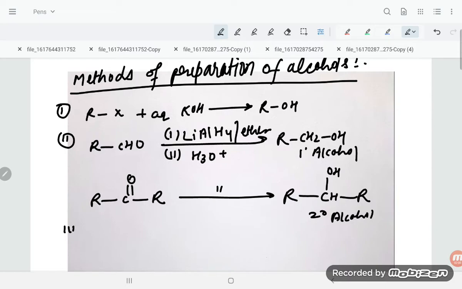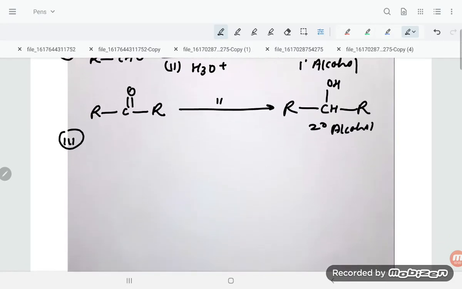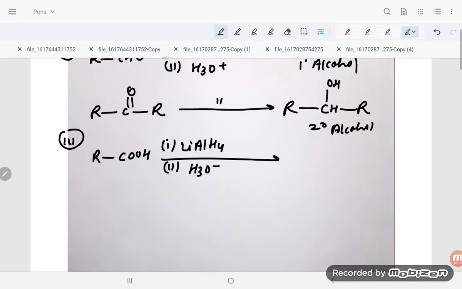Now let us move to the third method of preparation. If you have an acid, you can prepare alcohol here too. RCOOH with LiAlH4, followed by H3O+, will give RCH2OH.